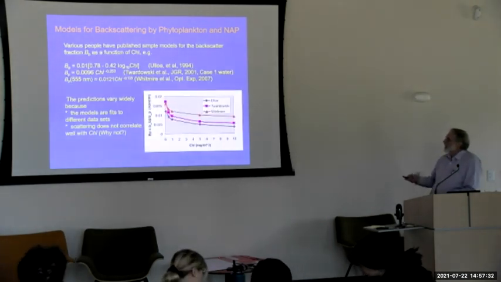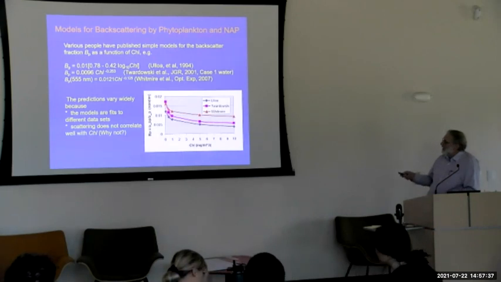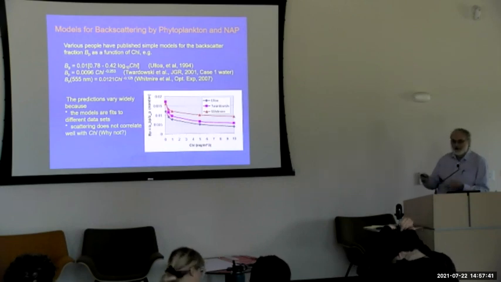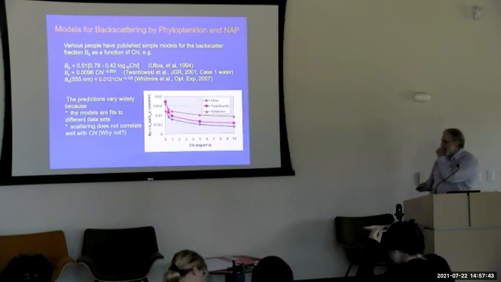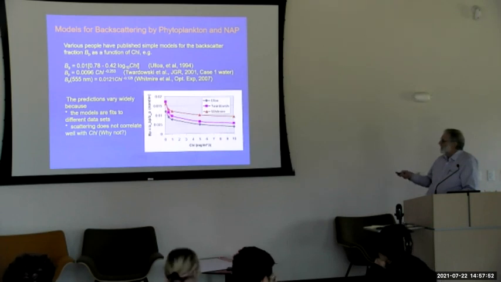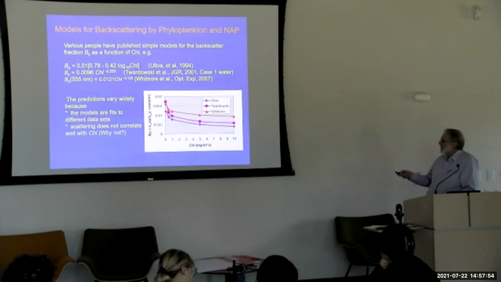Okay, here's more measurement of backscatter fractions by people who have taken data, fit curves through it, and come up with models as a function of chlorophyll. Here are 3 curves. You'll notice for, let's say, a chlorophyll of 9 or 10 out here, we're going from something like 0.004 up to 0.08 or 0.09, so a factor of 2 difference for the same chlorophyll.